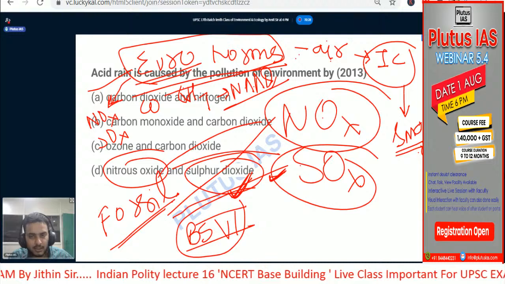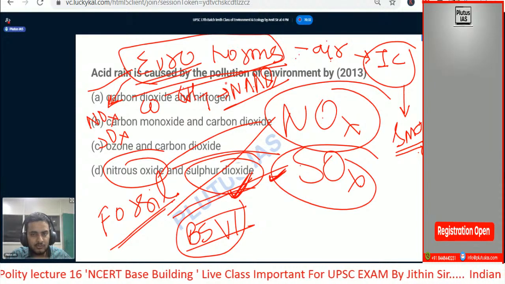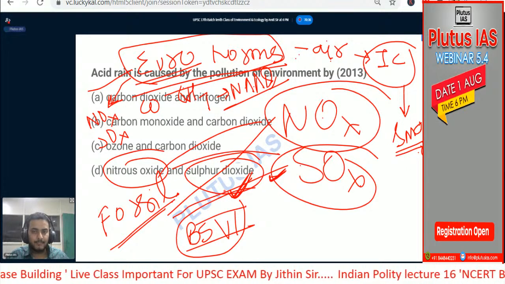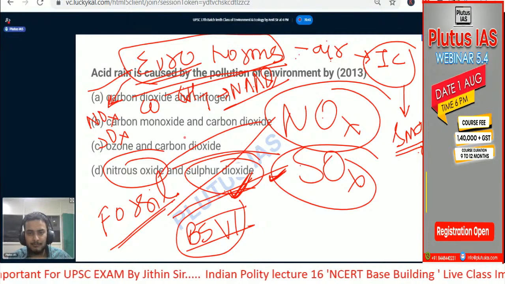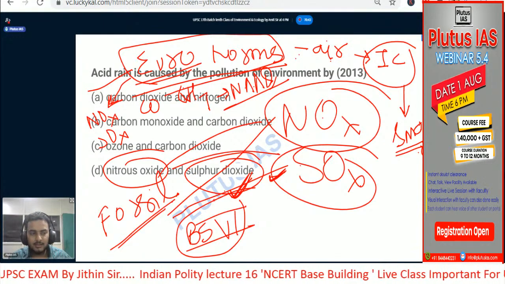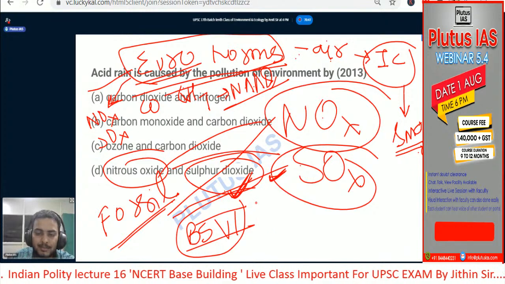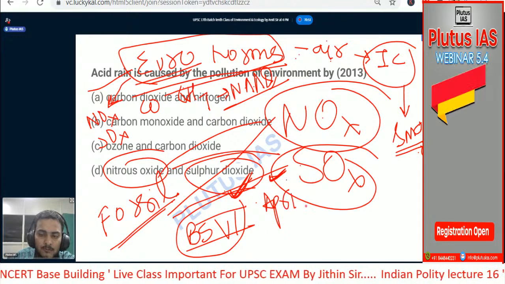India also accepted these Euro norms in the name of Bharat Standard, BS norms. On 1st April 2020, as per the guidelines of the Supreme Court, we moved to BS6.